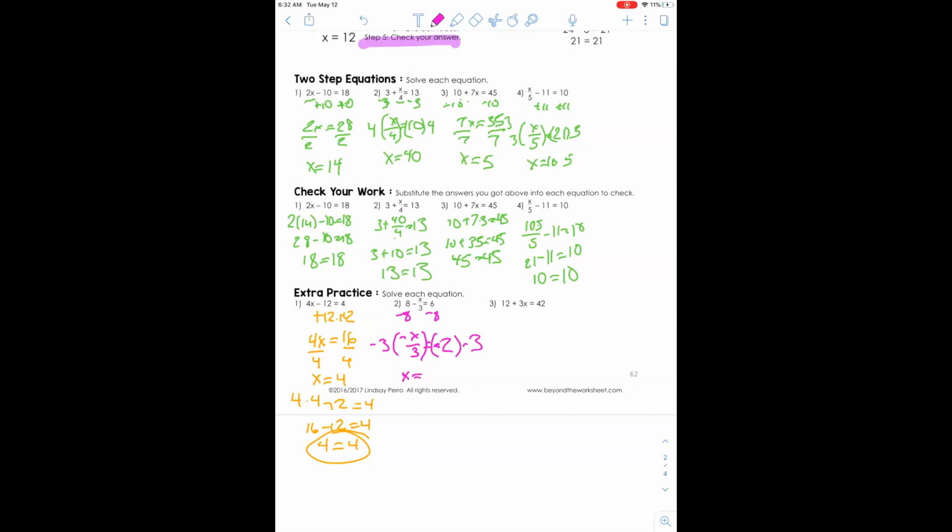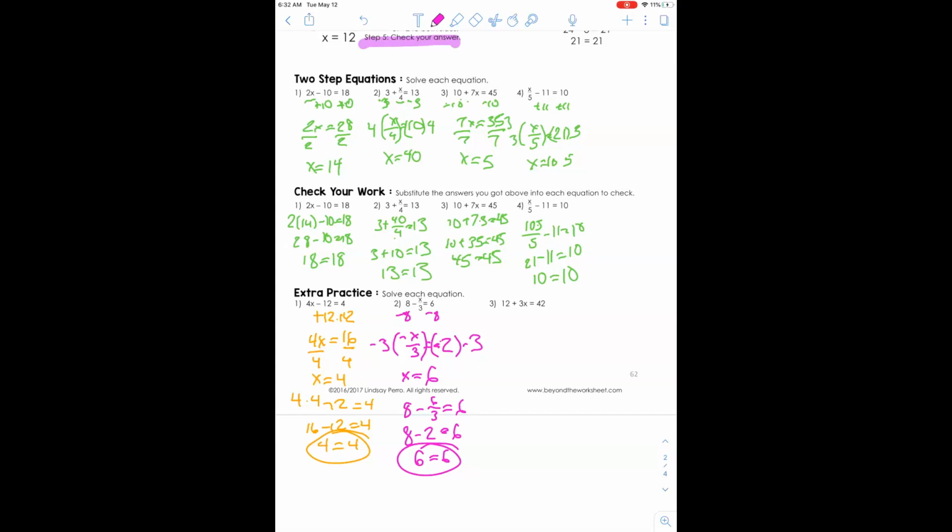So x equals 6, because negative 2 times negative 3 is 6. Let's check our answer to make sure it works. So we have 8 minus 6 divided by 3 equals 6. So we have 8 minus 2 equals 6. So we have 6 equals 6.